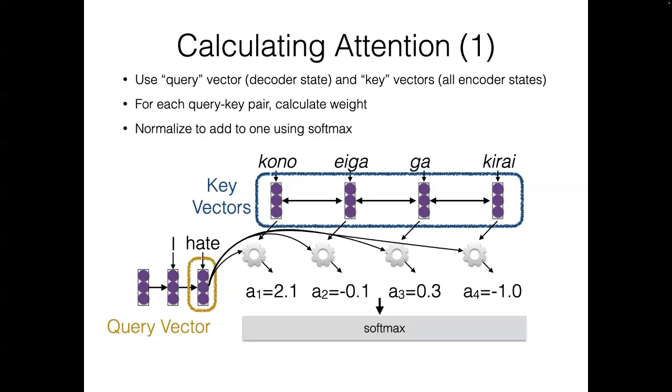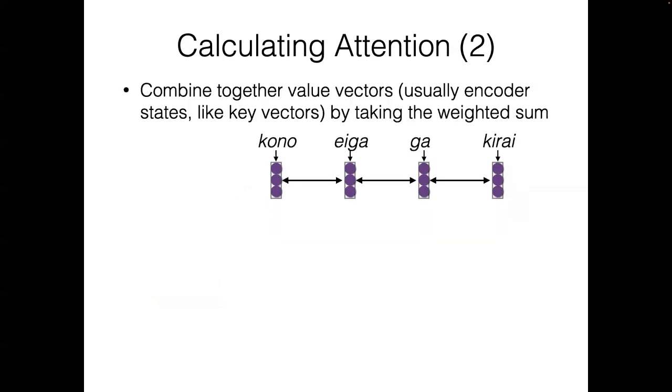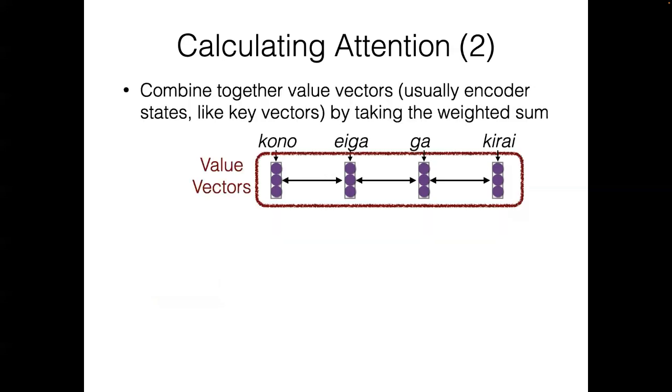Okay, so then we calculate these scores, and then once we have the scores, we have a third notion which is called a value vector. So in this cross attention example, our value vectors we could just have them be the keys, so the vectors for the Japanese sentence.